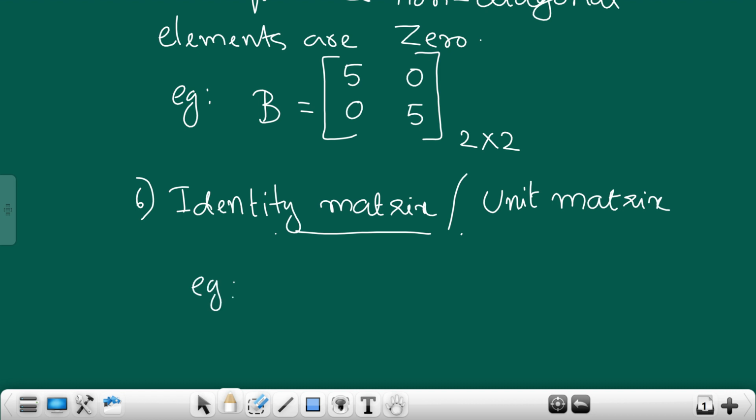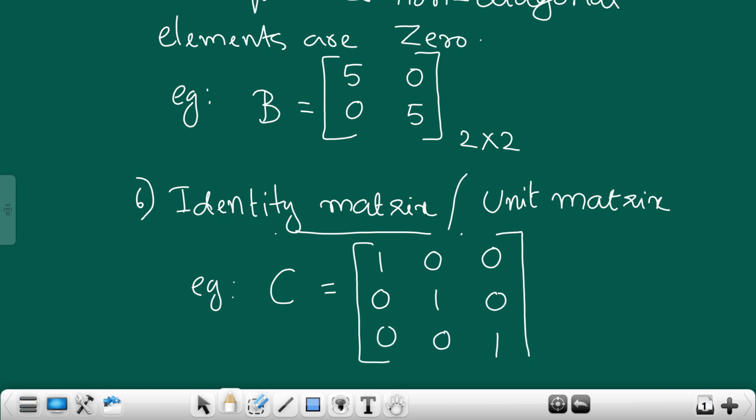For example, matrix C equal to 1, 0, 0, 0, 1, 0, 0, 0, 1. The order of this matrix is 3 by 3. Here, diagonal elements are 1 and non-diagonal elements are 0. This type of square matrix is known as an identity matrix.